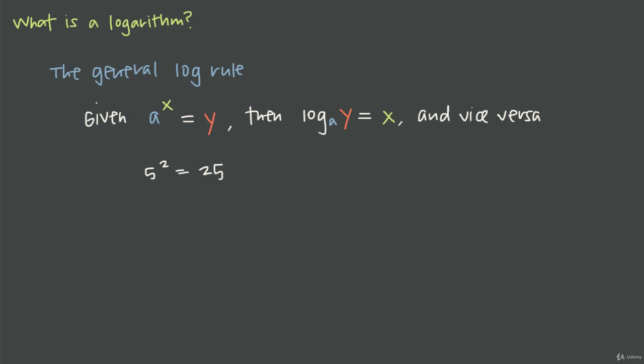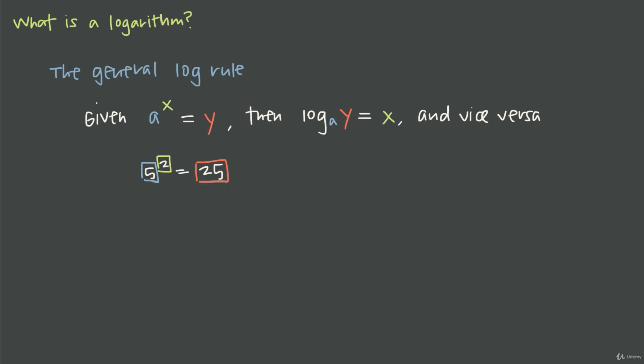We can always use color to help us translate the exponential equation to the logarithmic equation, or vice versa. So let's identify quickly here that the base a, we'll just box that in blue, and the exponent 2 we'll box in green, and the argument y we'll box in red.